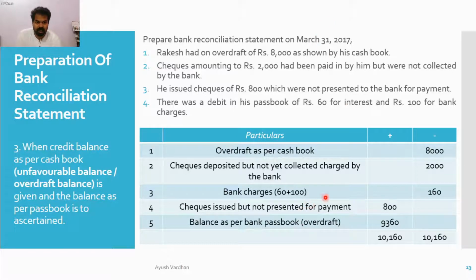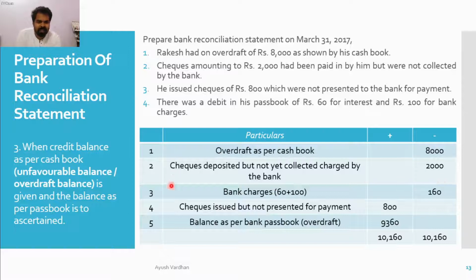In that condition, these are direct entries made by the bank in the passbook, with the cash book at zero. So suddenly 60 and 100, that is minus 160, has been made in our target book, the passbook. So this is minus 160, and again we have 0 at the cash book level. Now we see that the target book is going negative again, so we have put the negative entry here.